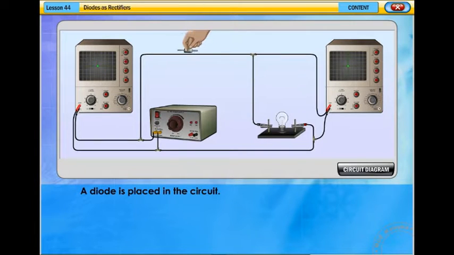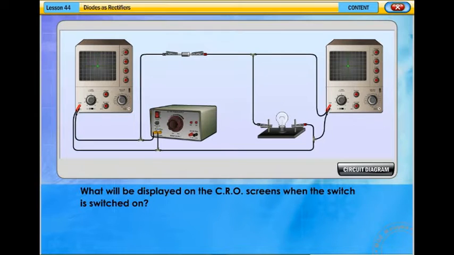A diode is placed in the circuit. What will be displayed on the CRO screens when the switch is switched on?